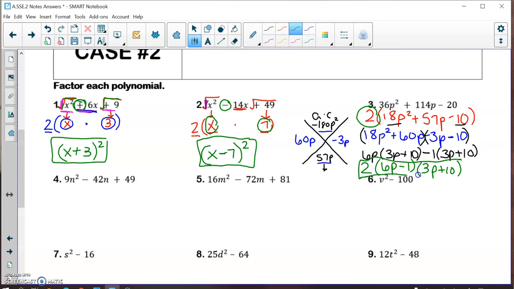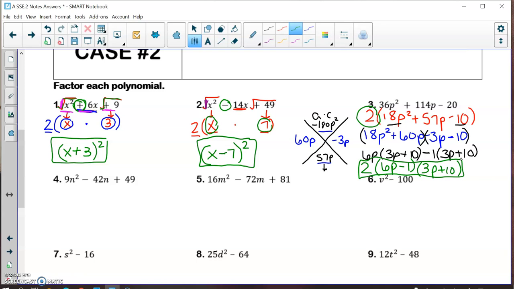Now notice, if this was a perfect square trinomial, it would have taken seconds to complete this problem instead of using the x method. So if you do have a problem that is a perfect square trinomial, it's actually a lot quicker to use the perfect square trinomial shortcut. However, in this case, number 3 was not, so we couldn't have used it.